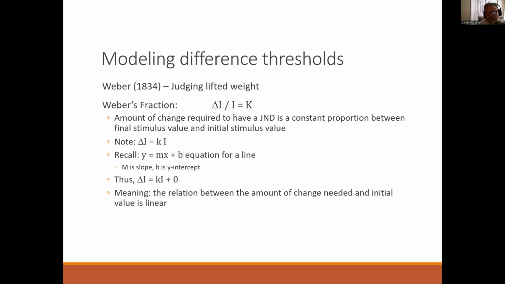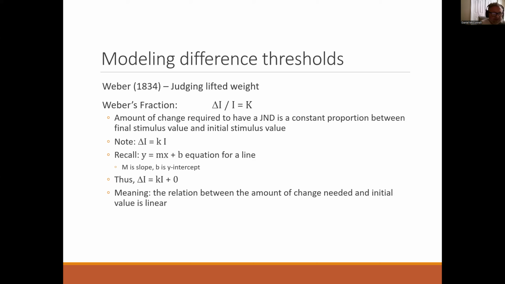If I have no stimulus, then a subject is not going to report anything, right? So we would expect that whether we're modeling an absolute threshold or a difference threshold, if I'm not going to do anything, the subject will not respond. So we would expect the y-intercept to be 0. In that case, we don't really have to write it out, so we could just leave it at delta I equals K times I.